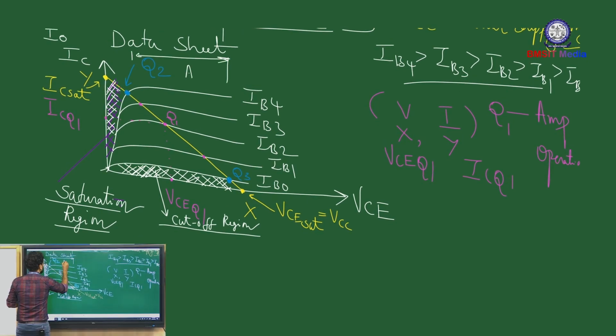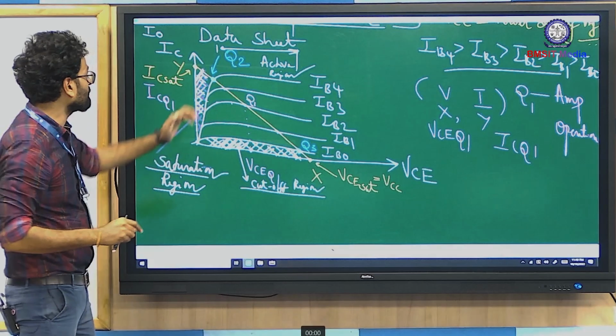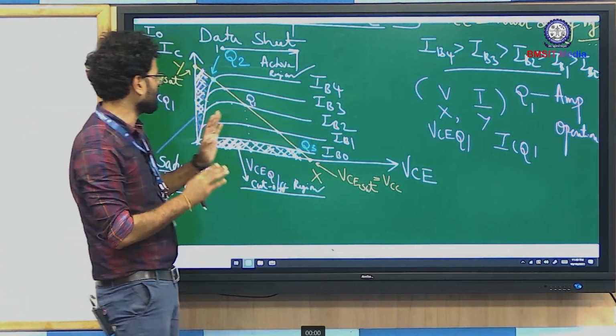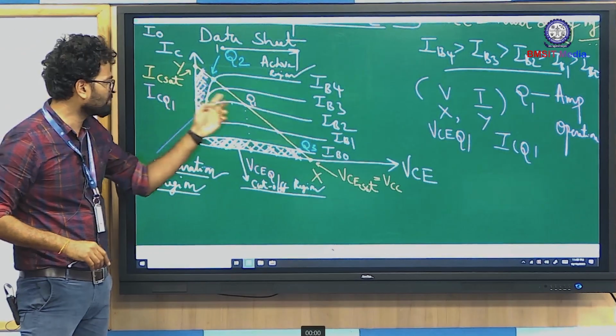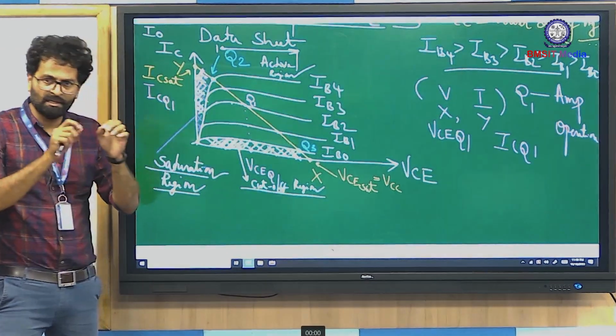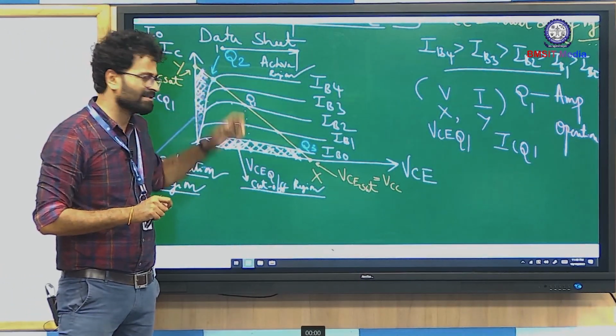So this region is called the active region. From Q2 to Q3, the region found between Q2 operating point and Q3 operating point is called the active region, where any Q point you select is found approximately at the center of the load line.